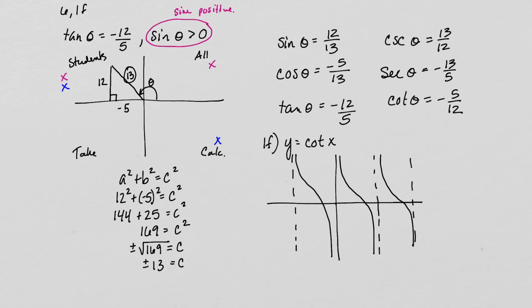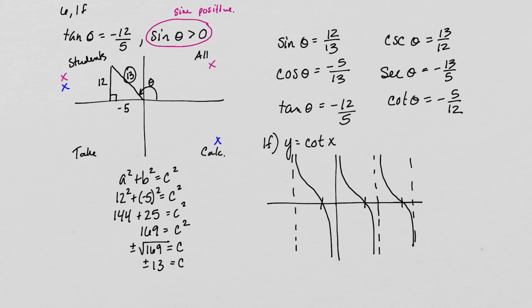And then the cotangent, so the cotangent is x over y, right? And so we need to basically label these points and label the asymptotes.